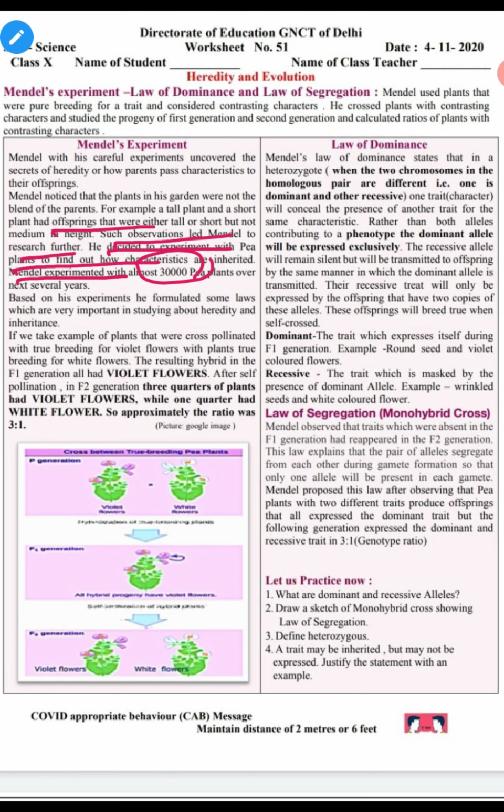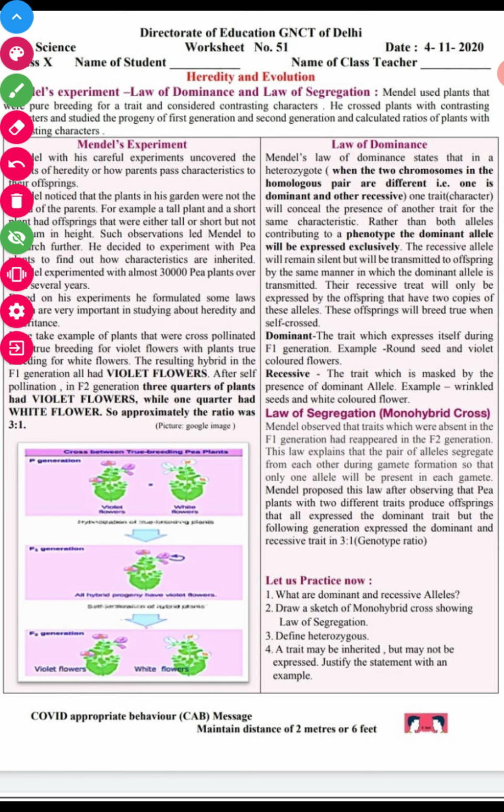Based on his experiment, he formulated some laws which are very important in studying heredity and inheritance. First of all, he took the example of contrasting characters of pea plants having violet flowers as well as true breeding white flowers. Let's write the violet flower with capital V and the white flower with small v, right?